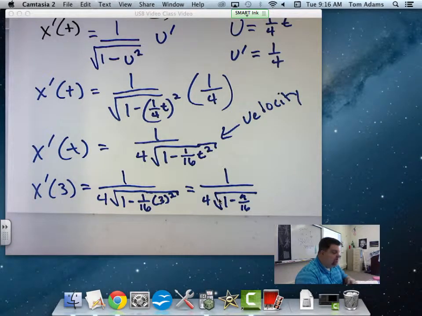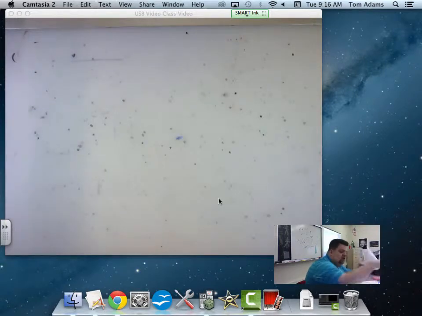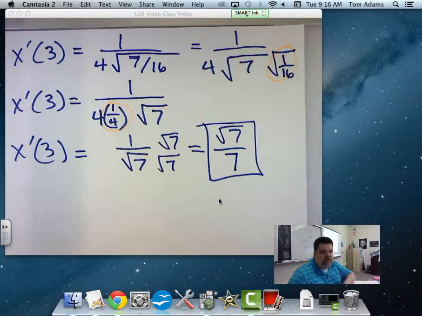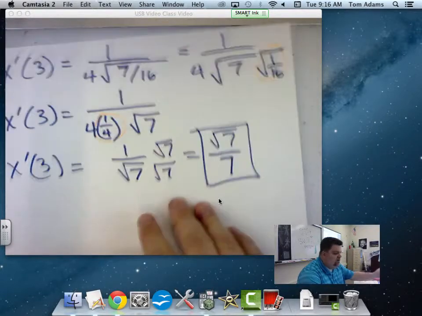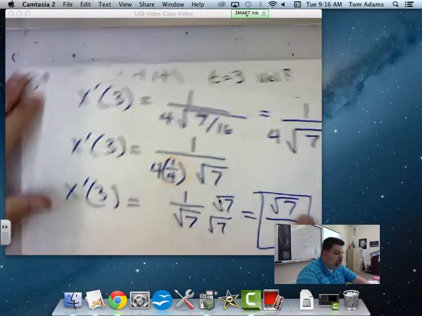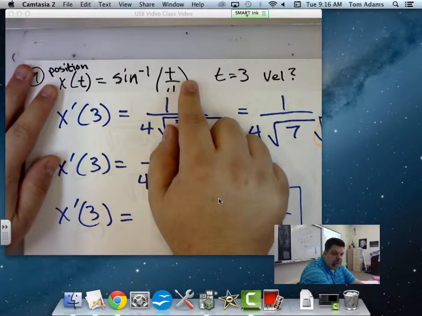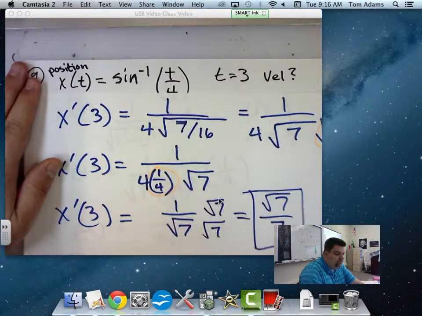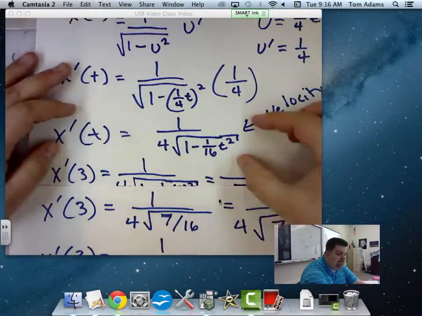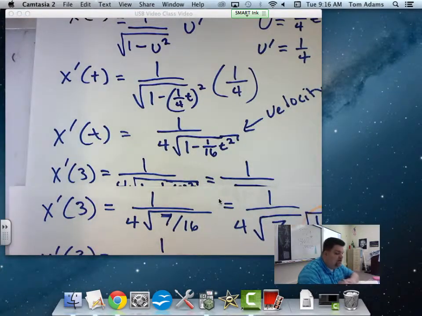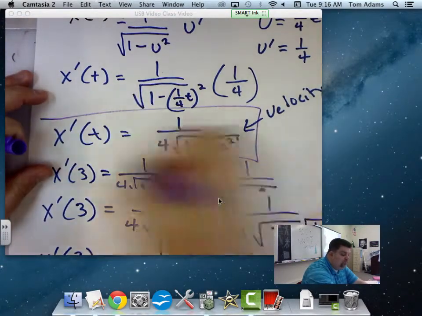All right, so this is the final answer, though. Right here. Boom. So what did I just do? The particle was in motion, and its position was based on this equation. Okay? We skipped forward, and we found that the velocity was based on the derivative of that position.